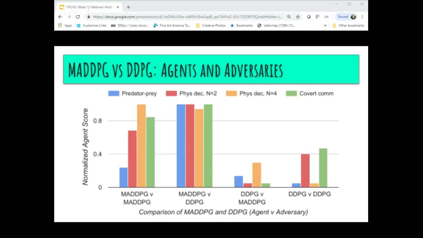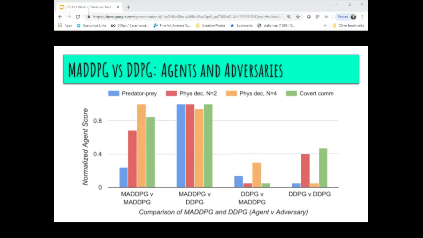So it's a really telling graphic in that second set. Likewise, the third set, sort of the opposite case of that, where the agent was programmed with the traditional DDPG, and the adversary programmed using the multi-agent version. And here you can see that the adversary actually did much better because the agent had a relatively low score.